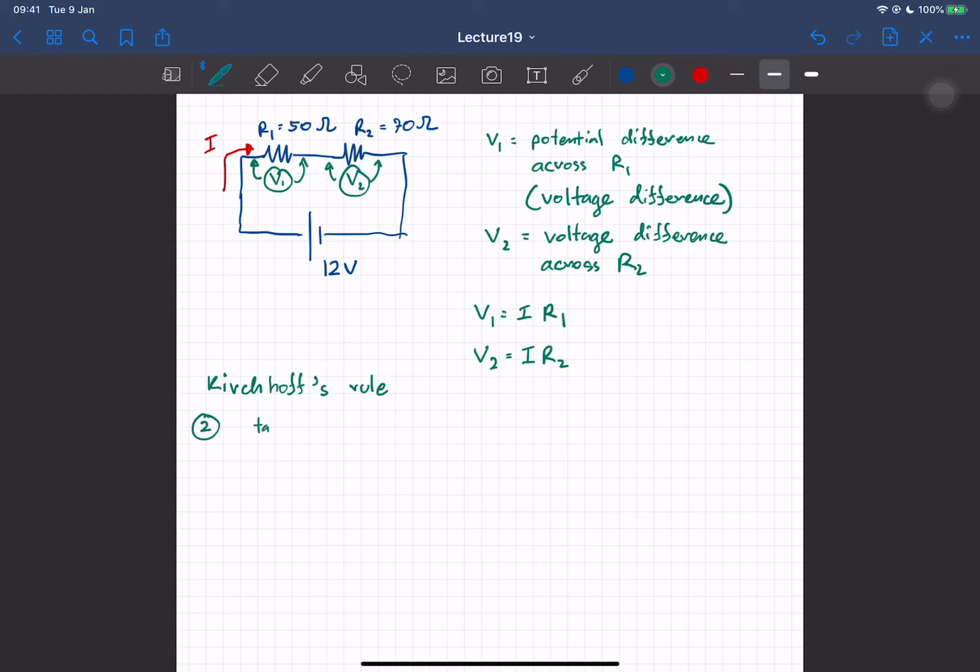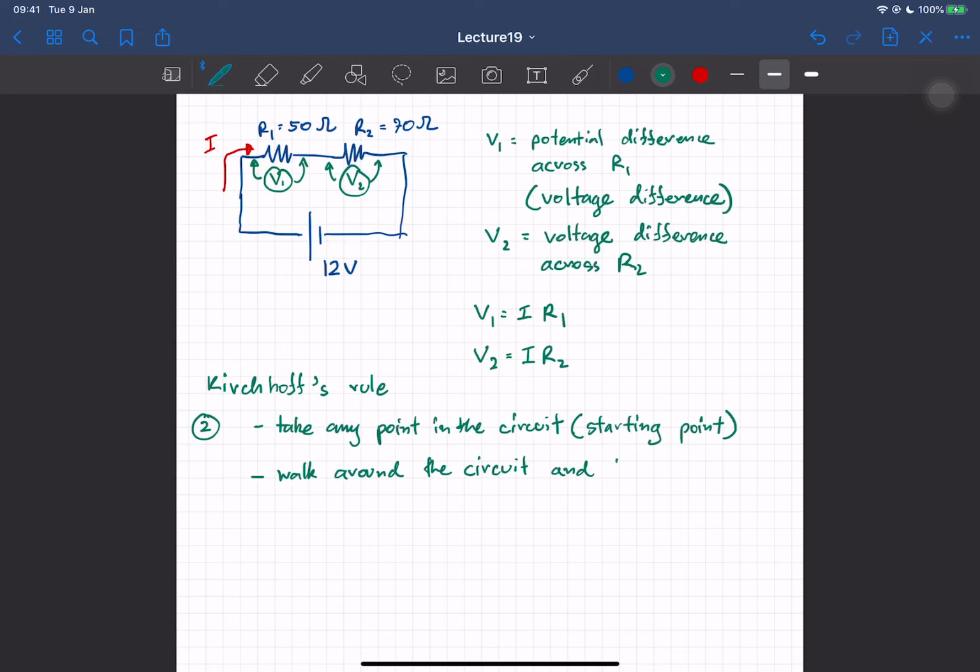Take a point, take any point in the circuit, and call this one a starting point. And then walk around the circuit and back to the starting point.